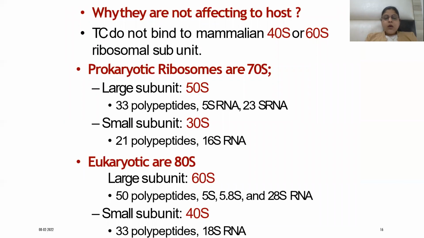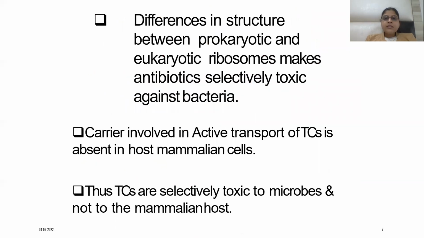Why do they not affect the host cells? Because tetracyclines do not bind to the 40S and 60S ribosome subunits. Prokaryotic ribosomes are 70S, meaning the large subunit is 50S and the small subunit is 30S, and eukaryotic ribosomes are 80S, with 60S and 40S subunits. These drugs do not bind to 40S and 60S, but they bind to the 30S and 50S ribosome.